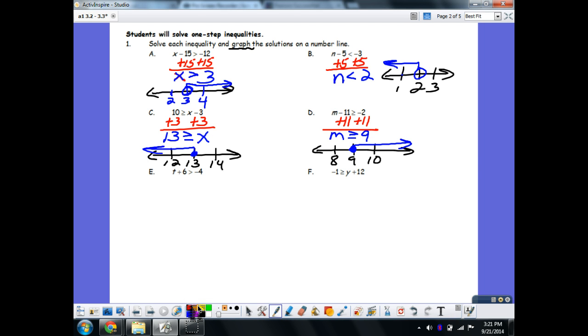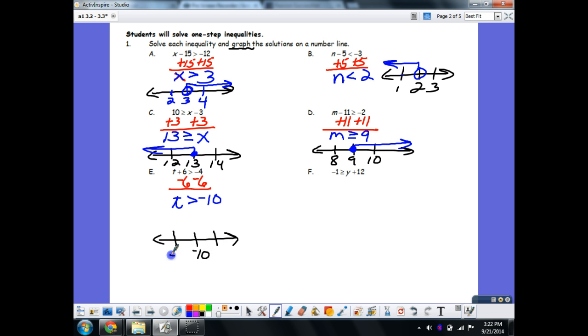And finally, the last two, in these two cases, we will actually subtract the same thing from both sides to solve this inequality. So we subtract 6. And therefore we have t is greater than negative 10. Notice in all of these, all I'm doing is bringing that inequality symbol that I'm given straight down. So then, to graph this, and when we draw the number line, we have to be very careful.